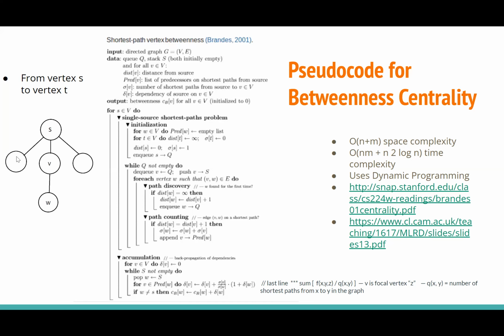So this will be 1. And then you'll append the source to the predecessor of these W's.